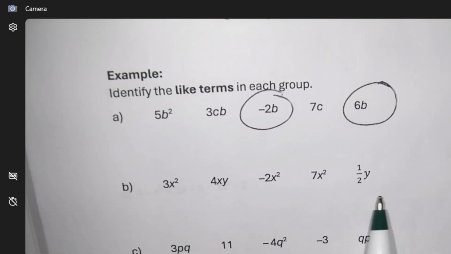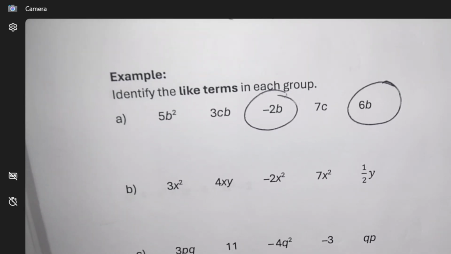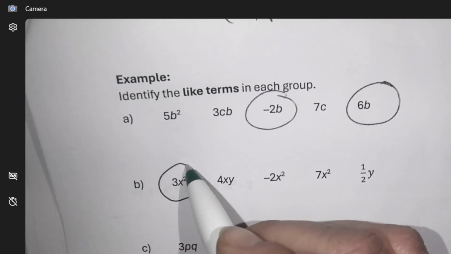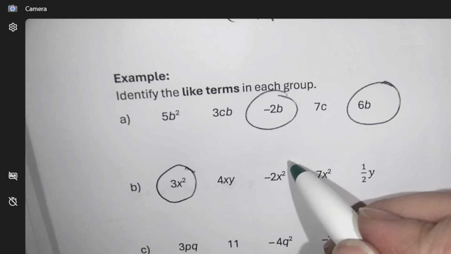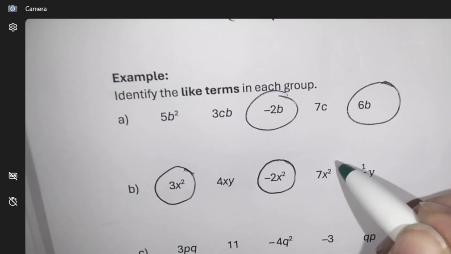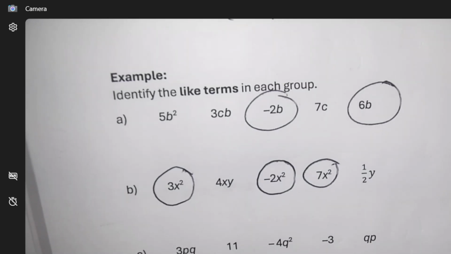Okay, in question B, do we see anything that is the same as another one? Yeah. X squareds. So that has just x squared, just an x squared, just an x squared, yep.